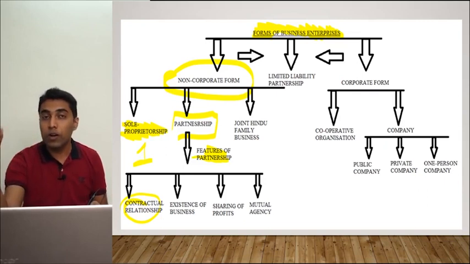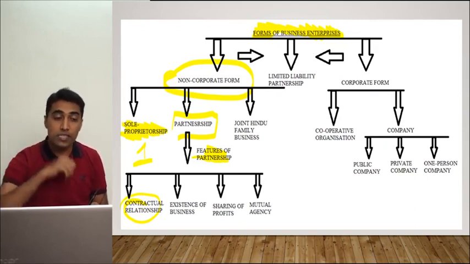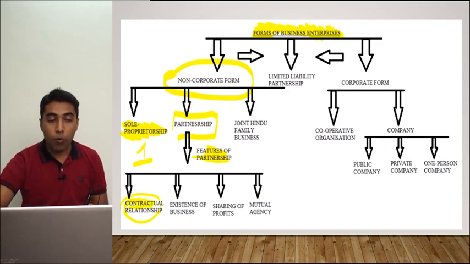There are two people who agree upon something in the same sense, at the same time, for a particular consideration, we say there is a contract. Similarly, in company law, whenever there is a contractual relationship, we can say that there is a partnership which has emerged. So for partnership, the Act is the Indian Partnership Act 1932.